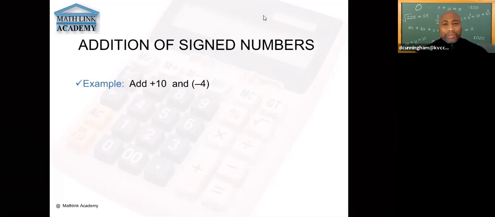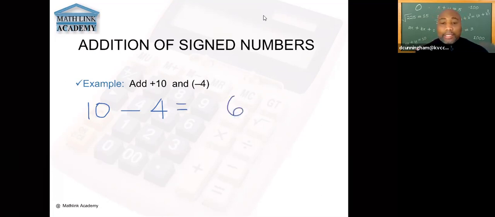So what the particular procedure was telling us is that we're going to look at the 10 and the 4, and we're going to subtract the smaller value. This will give us, in our case, a 6.